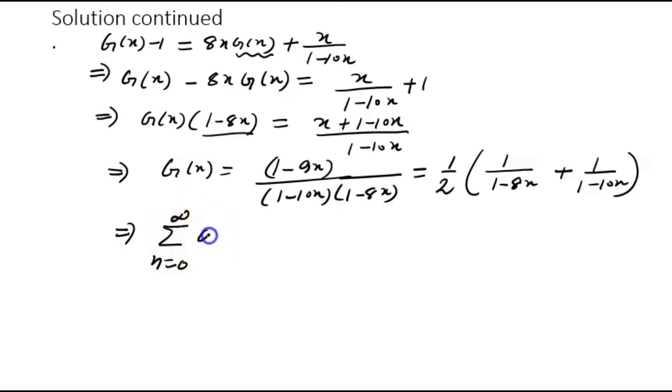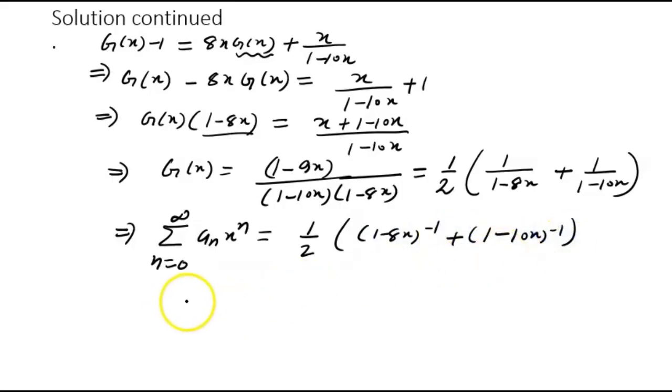So now I write g(x), which is summation n varies from 0 to infinity, that I have taken a_n x to the power n, and here I get 1 by 2 times (1 minus 8x) to the power minus 1 plus (1 minus 10x) to the power minus 1. So if you expand this again, I hope this time you will be able to write it directly in the summation form. So it will be 8 to the power k x to the power k.